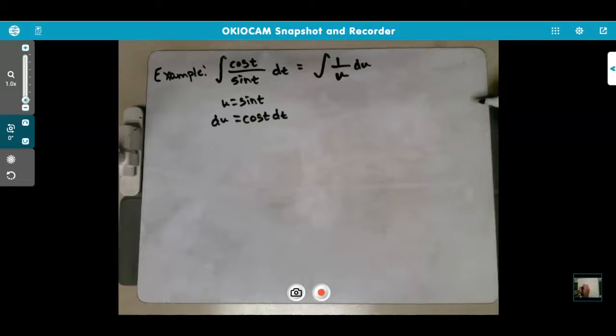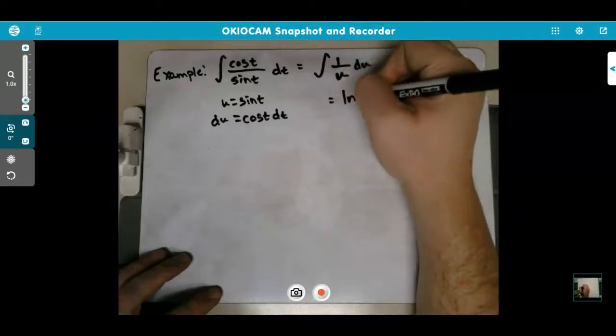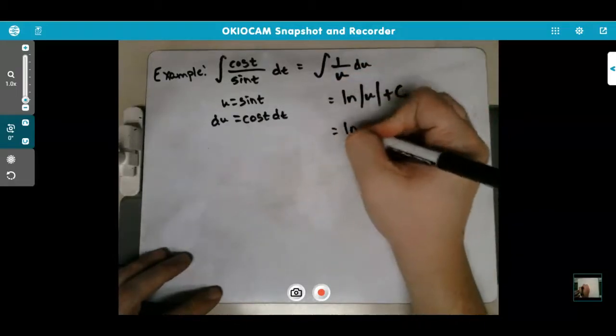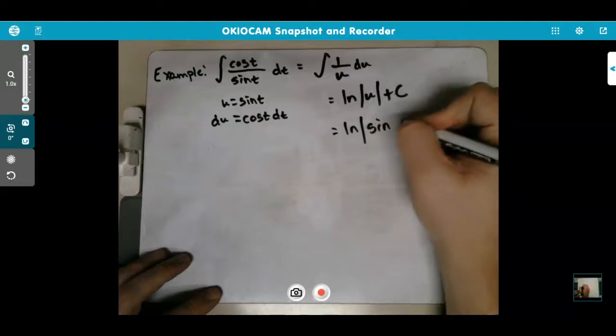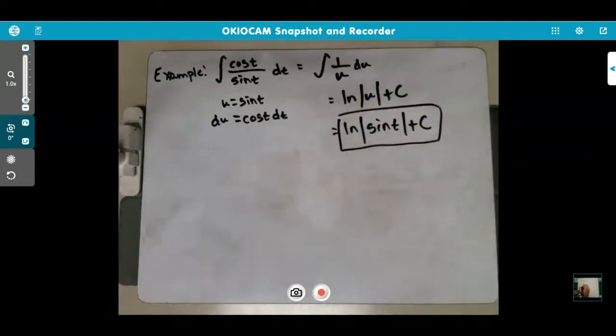So now I've got to think about what the antiderivative of 1 over u is. Well, that is the natural log of the absolute value of u. And u is equal to sine of t. So that's the natural log of the absolute value of sine of t plus c.